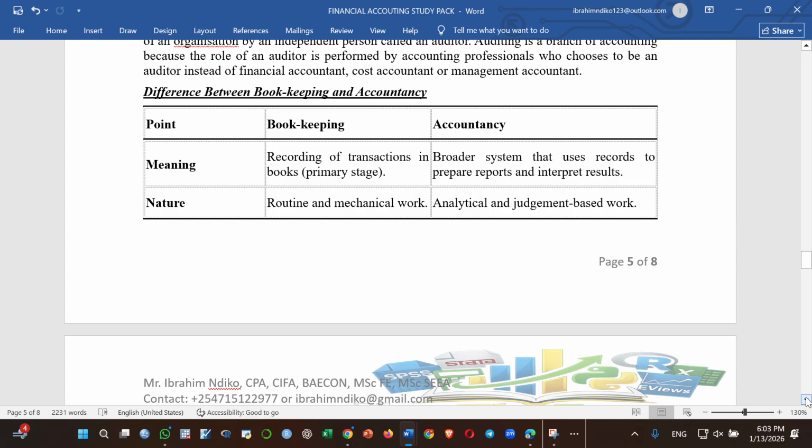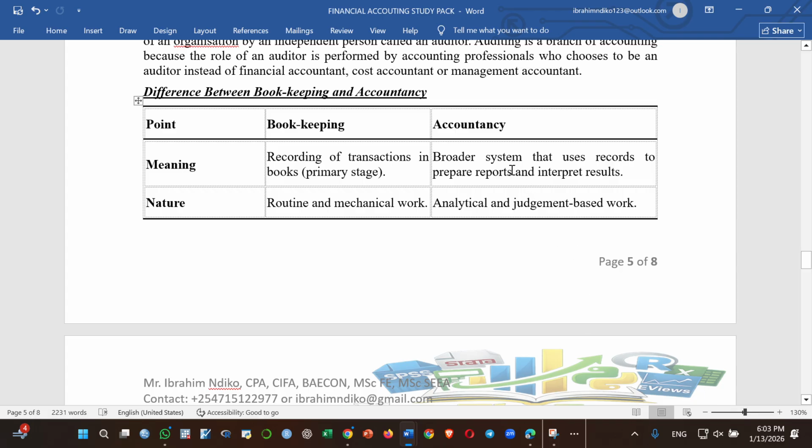Bookkeeping is there to do what? To record information. So that is the primary stage. It is there to record transactions. Now accountancy is a broader system. It's a broader system that uses the records to prepare reports or statements, and interpret results.